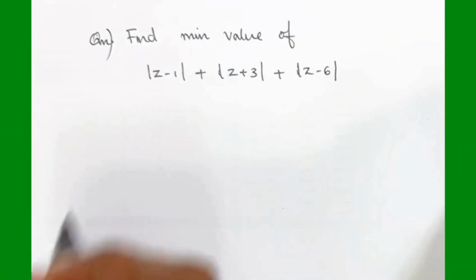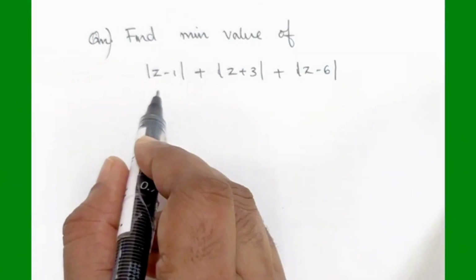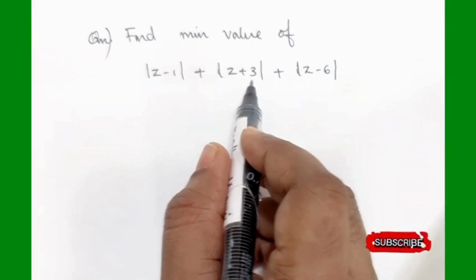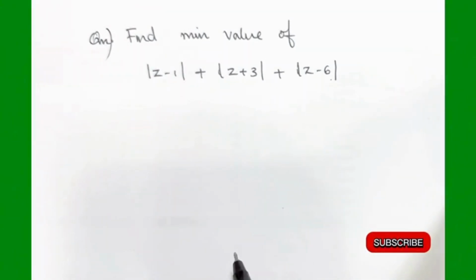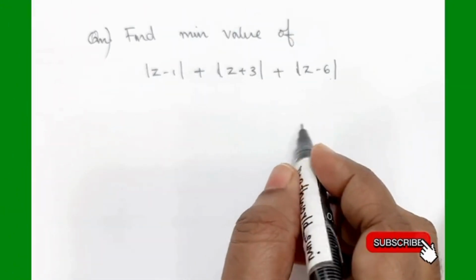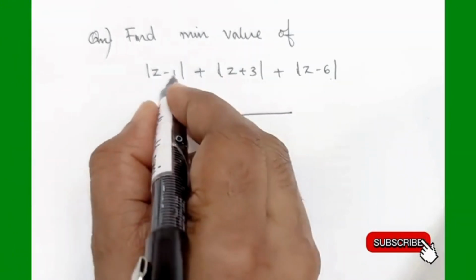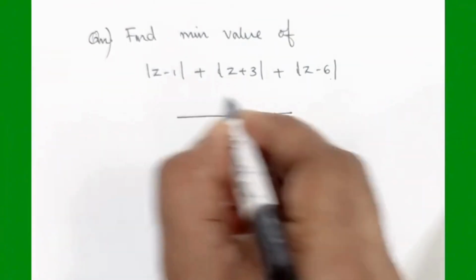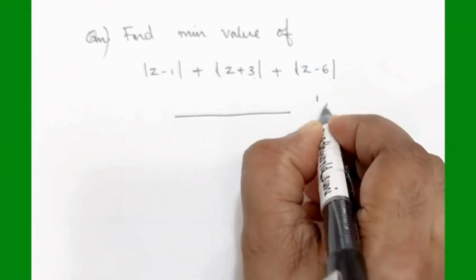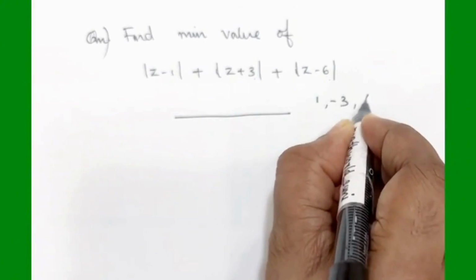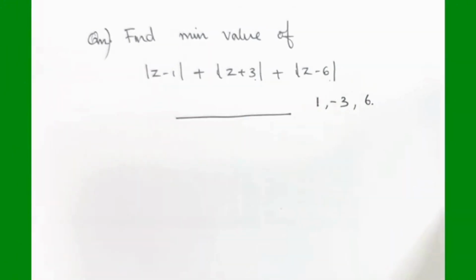Another question is: find the minimum value of modulus of z minus 1 plus modulus of z plus 3 plus modulus of z minus 6. Here also we have three values and the steps remain the same. Draw a number line and mark the numbers on the number line. The first number is 1, the second number is negative 3, and the third number is 6. So arrange the numbers on the number line.